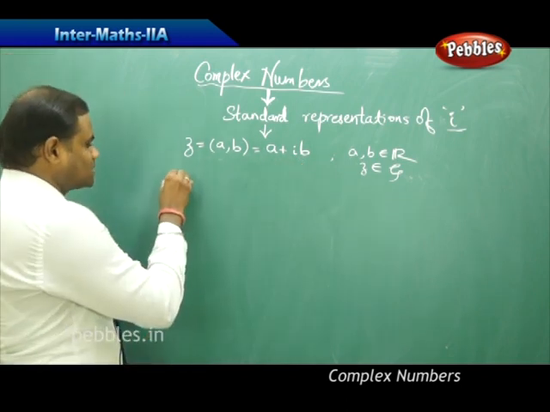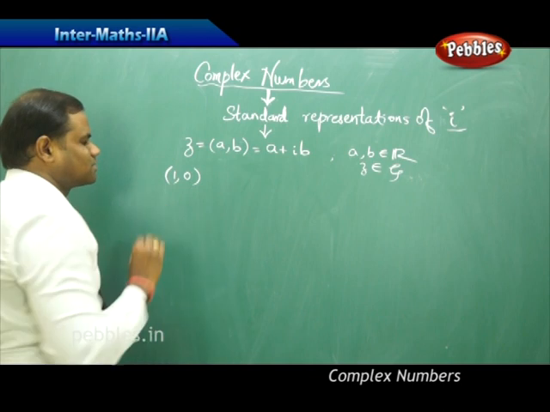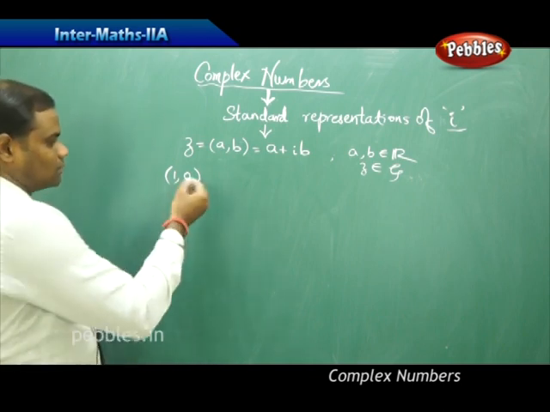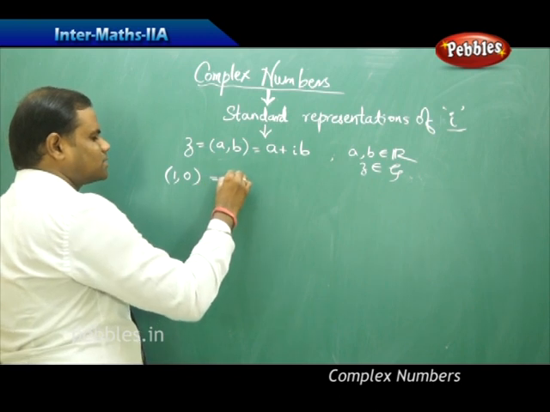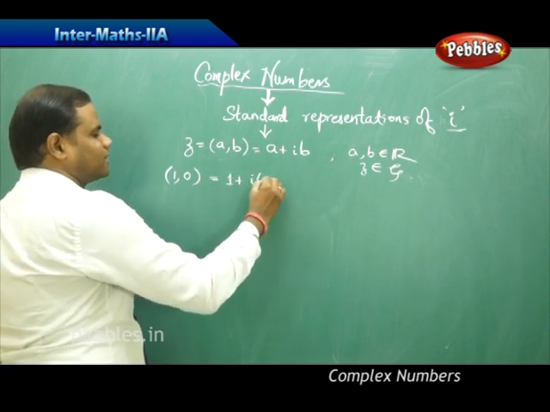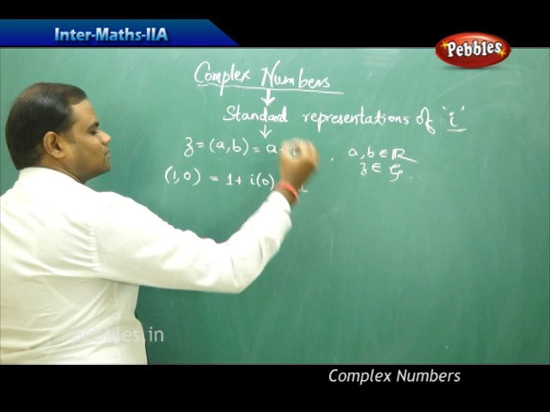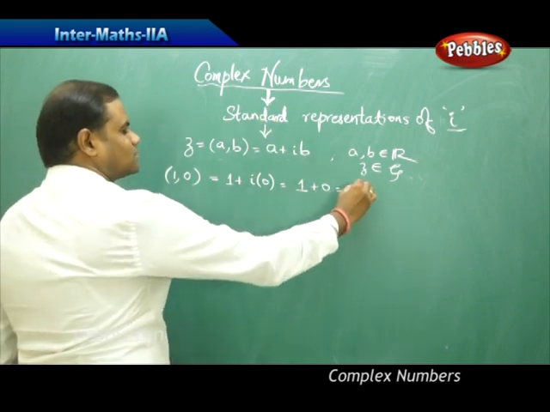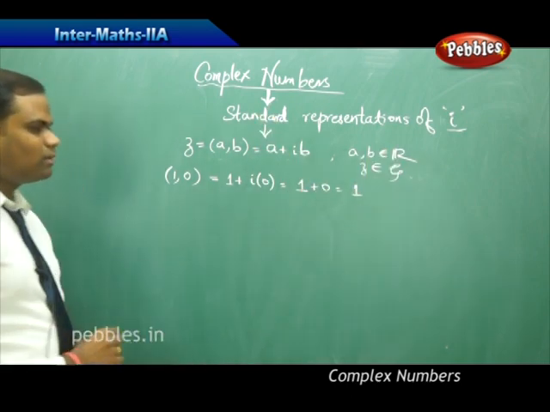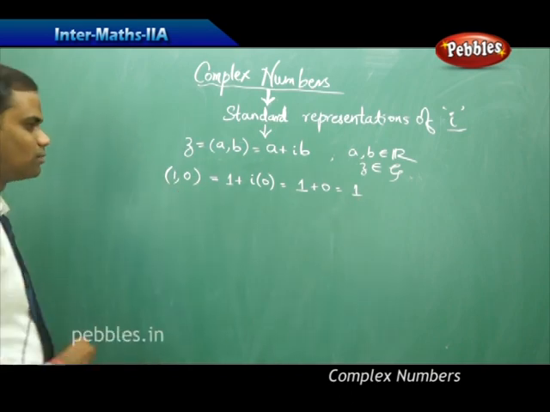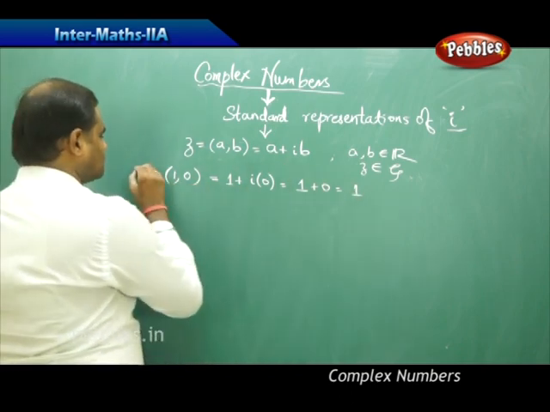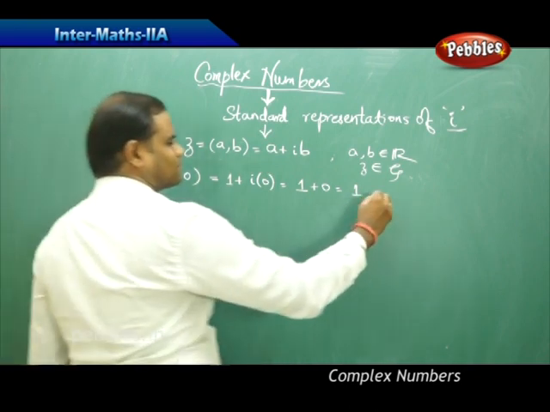If I have a standard complex number, say (1, 0), then this can be represented as 1 plus i times 0, that is 1 plus 0, that is 1. So the real number 1 can be represented in complex form as (1, 0), that is, (1, 0) is 1.